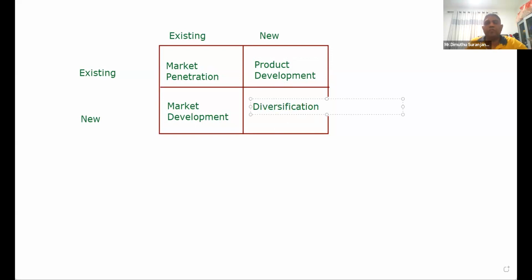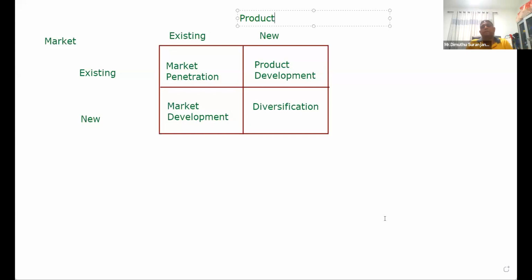You remember these Ansoff strategies? This is market, this is product. In fact, 4 strategies.